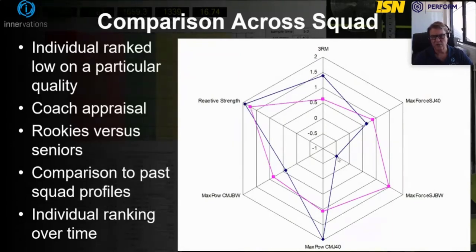This quality, though, we see here is actually 1 standard deviation below. So their maximum force capability during a bodyweight squat jump is quite poor. We see here that their maximum power output during a countermovement jump is okay.